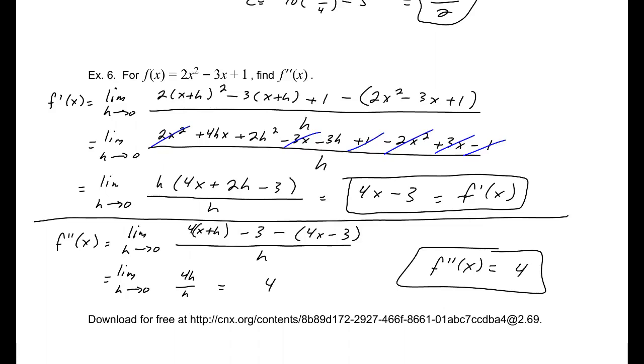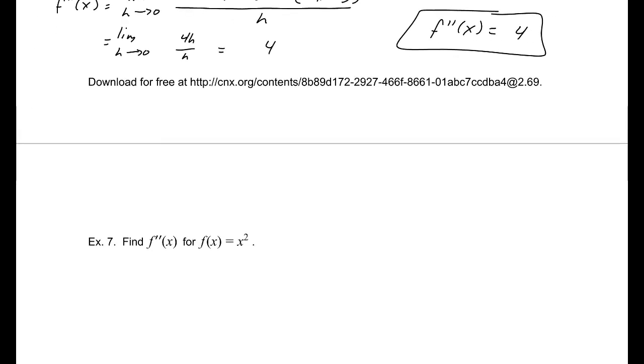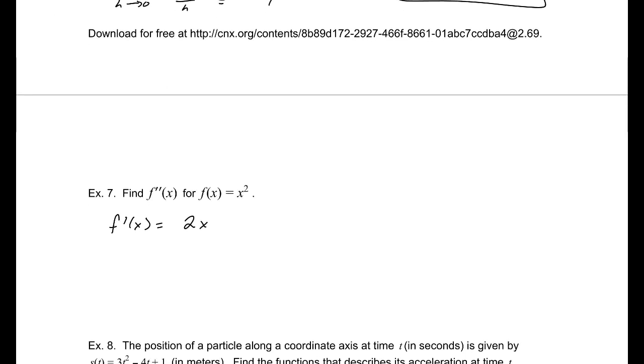All right. Let's move on to another. Find f double prime of x squared. Now, we actually found f prime previously. It was at the very beginning of this, and that function was 2x. So let's just go ahead and use that.